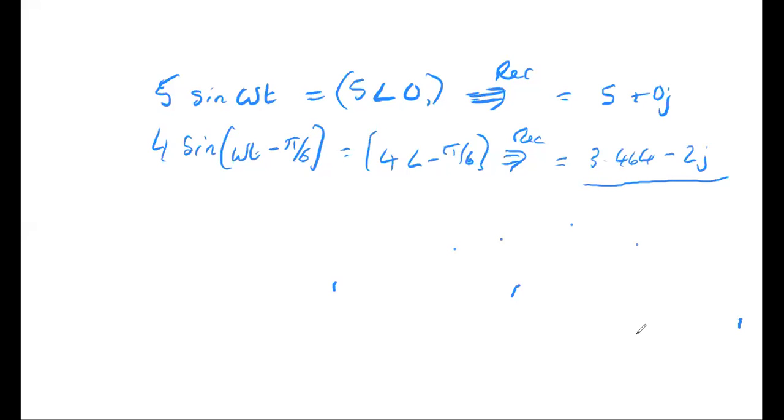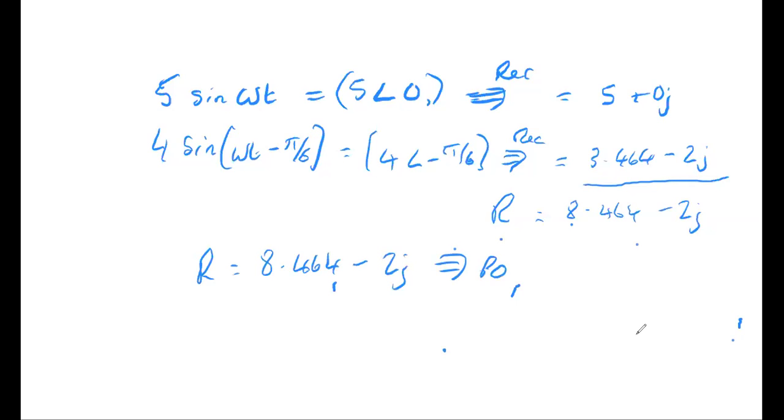So this is good. R is equal to 8.464 minus 2j. So let's write that out there. R equals 8.464 minus 2j. Convert that back to polar.